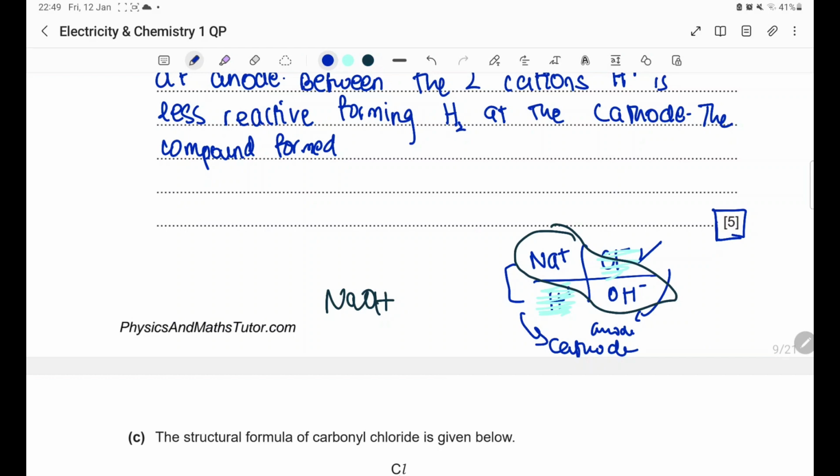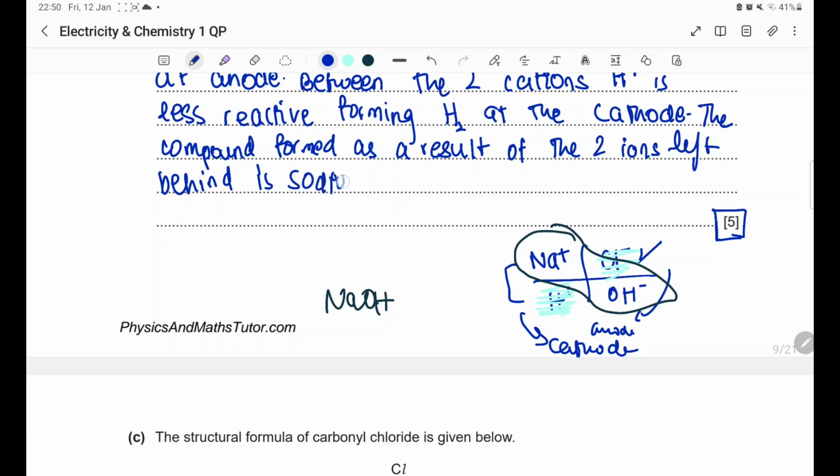So the compound formed as a result of the two ions left behind is sodium hydroxide.